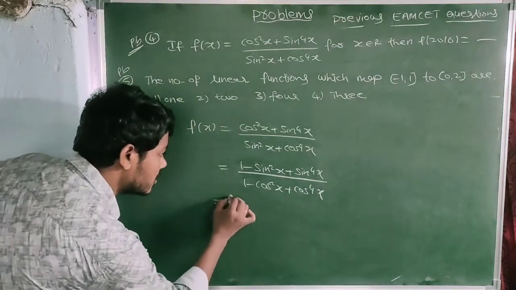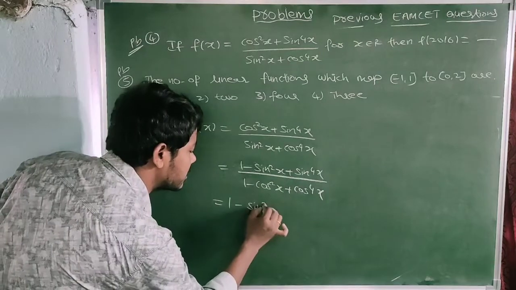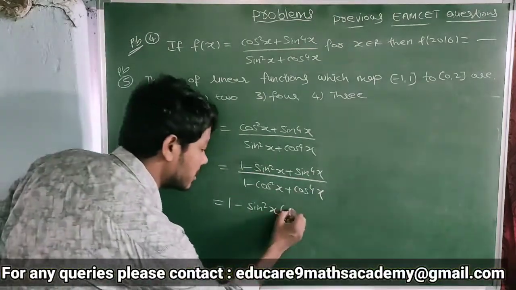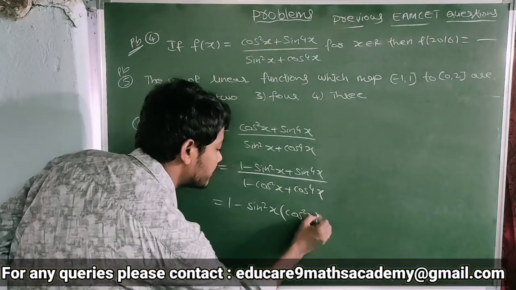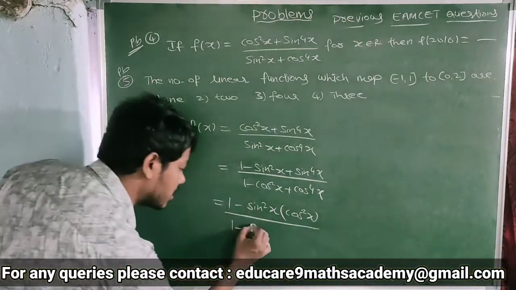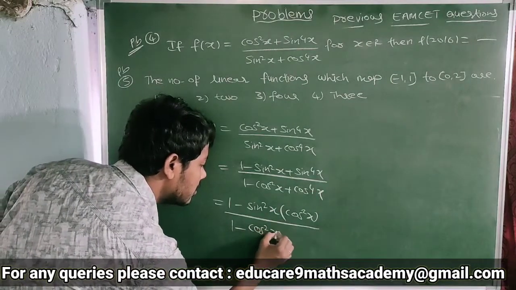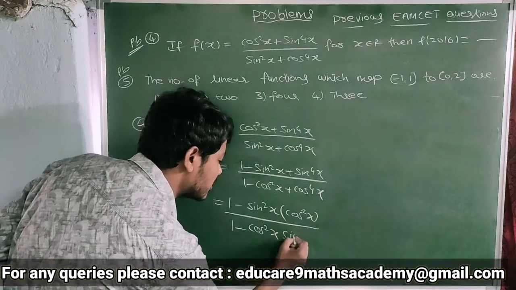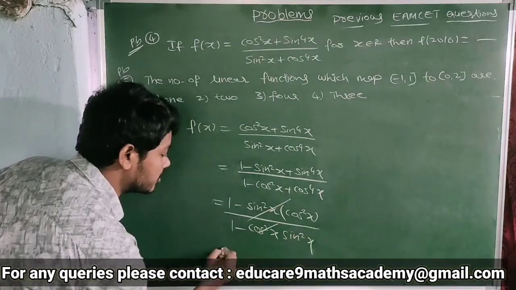So this is 1 minus sin square x is common. So what you get? 1 minus sin square, that is cos square x. So divided by, 1 minus cos square x is common. So we get 1 minus cos square x, that is sin square x. Clearly both terms should be cancelled.